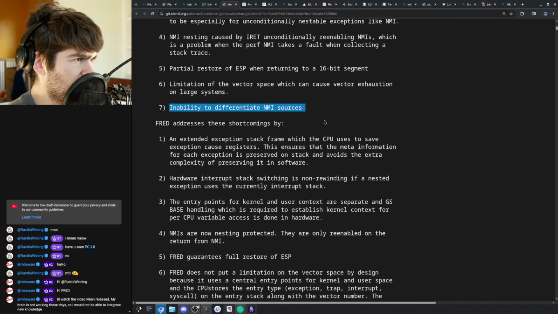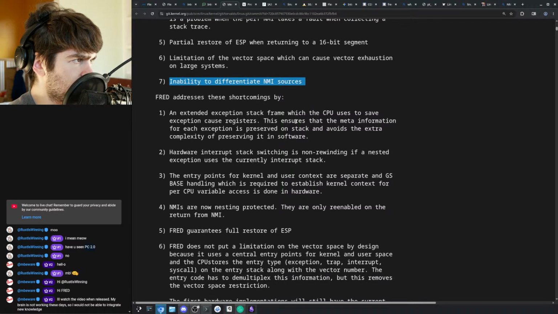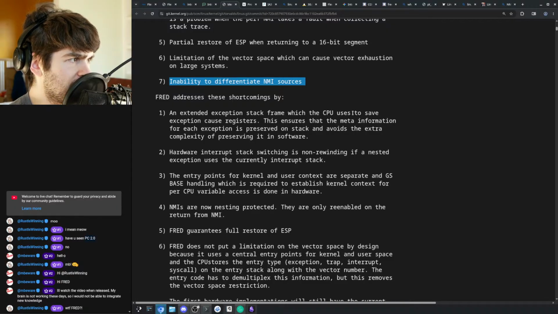Inability to differentiate NMI sources. Okay, FRED addresses the shortcoming by an extended exception stack frame, which the CPU uses to save exception cause registers. This ensures that the meta information for each exception is preserved on the stack and avoids the extra complexity of preserving it in software.